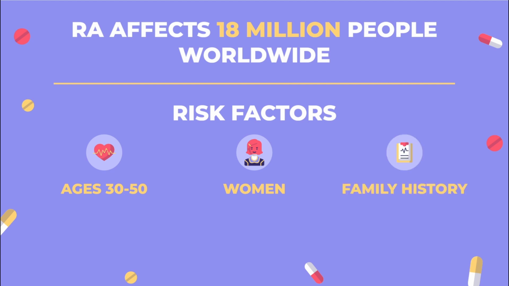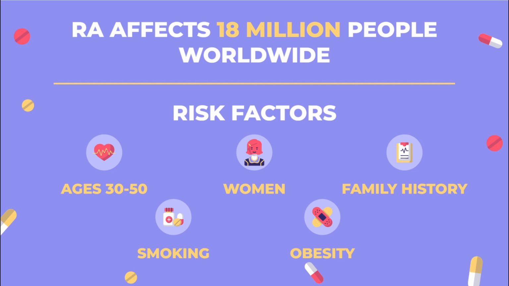Your family history also can impact your risk of developing RA. If someone in your family has RA or another autoimmune disease, you are at an increased risk of developing that disease as well. Other risk factors for RA that you have a little more control over are smoking and obesity or excessive weight.